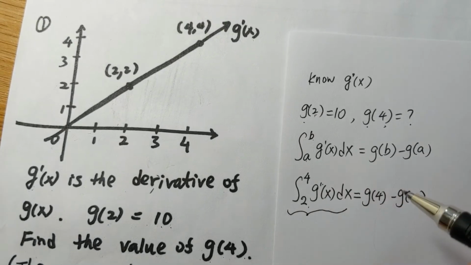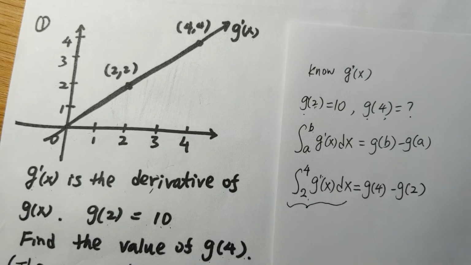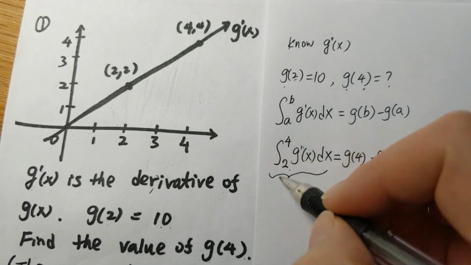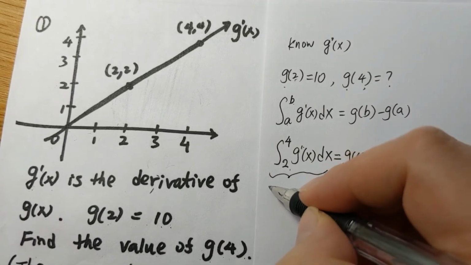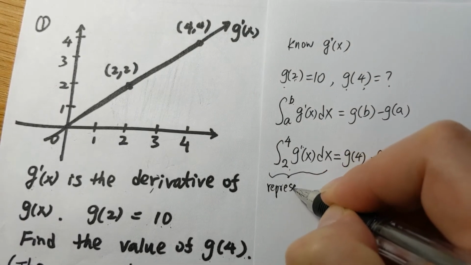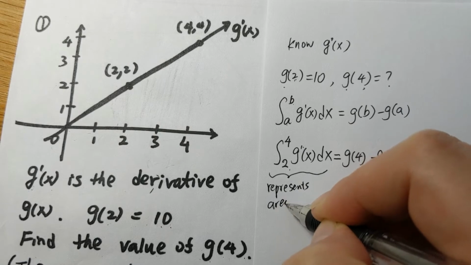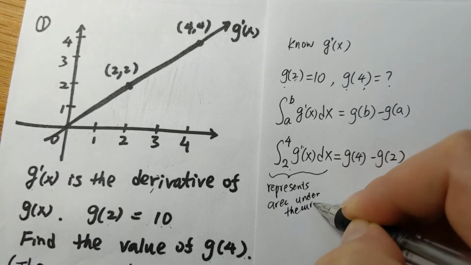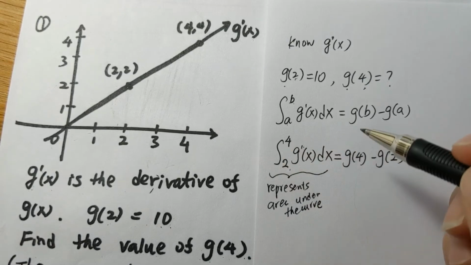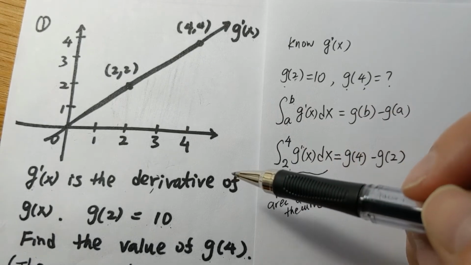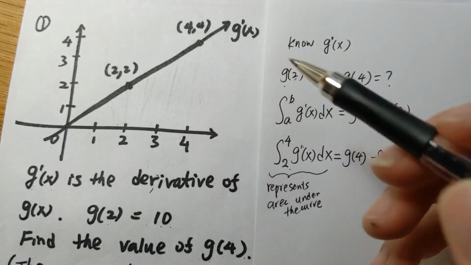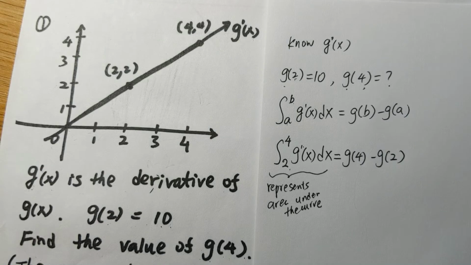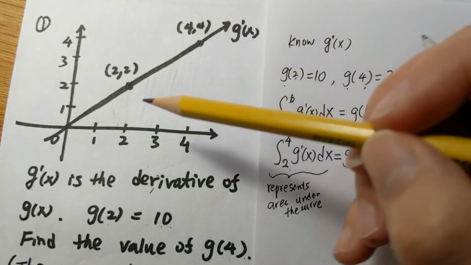Let's take a look at this part over here. We learned before that the integral represents the area underneath the curve. This integral would give the same answer as the area if the area is above the x-axis. So let's take a look at the integral from 2 to 4. Let's go back to the graph over here.